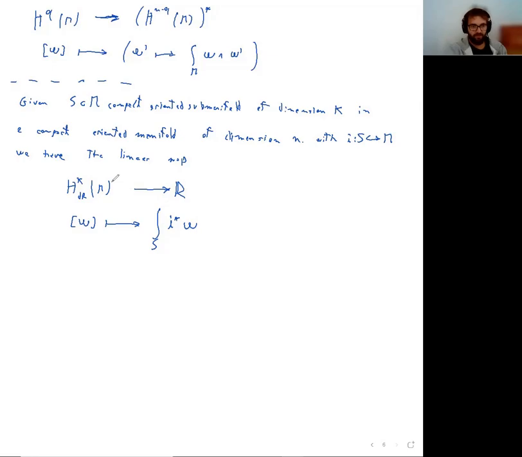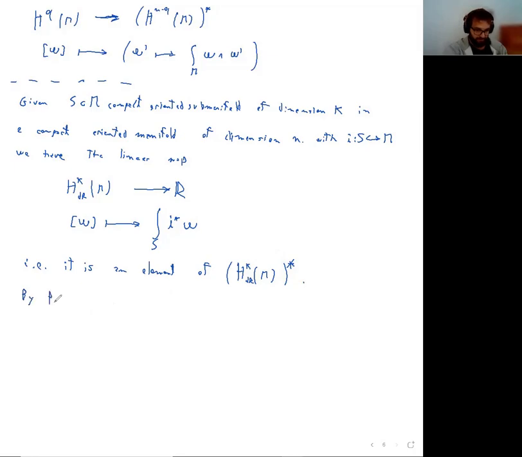But now we have a linear map from H^k de Rham. So it is an element of H^k de Rham star, right? This is the definition of the dual.